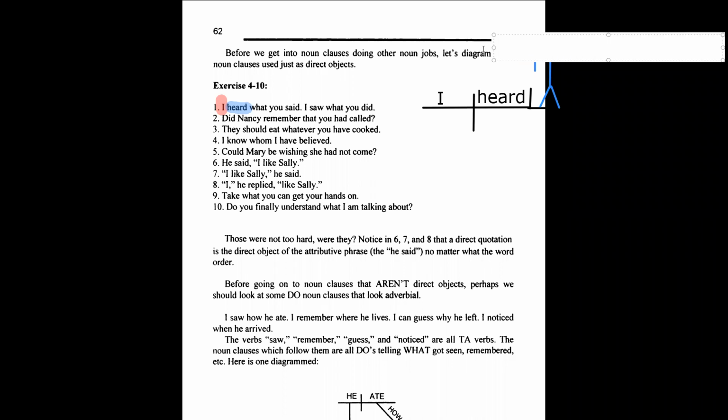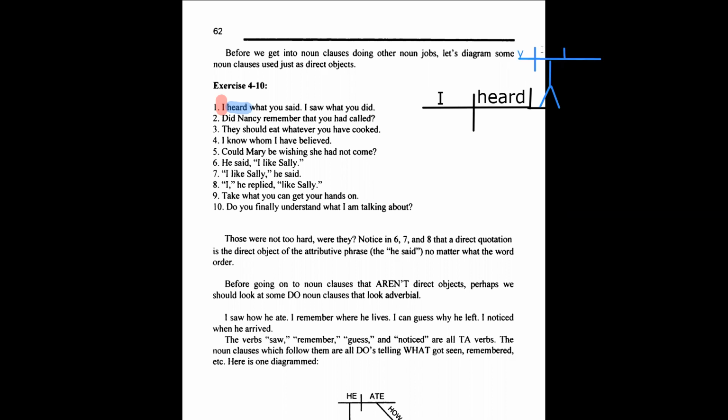So I'll just put a Y, and let me make these smaller. The Y is for you. S is for said, right? What? That's the direct object. So there you go.